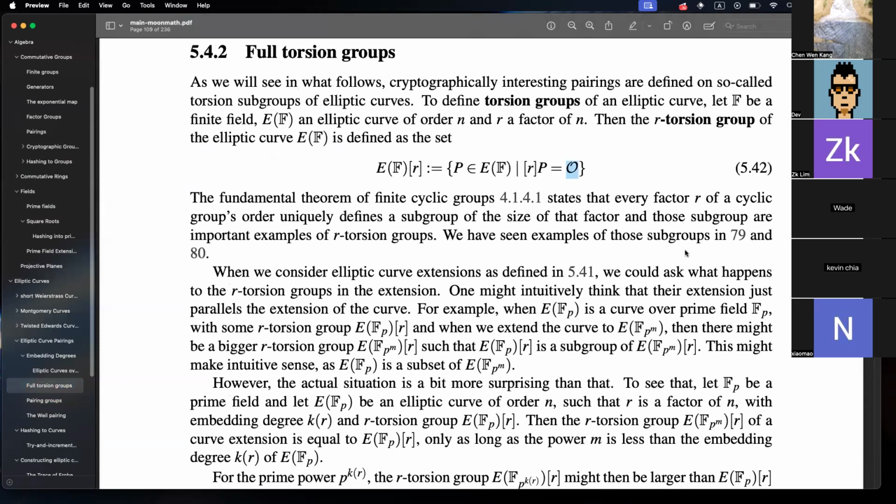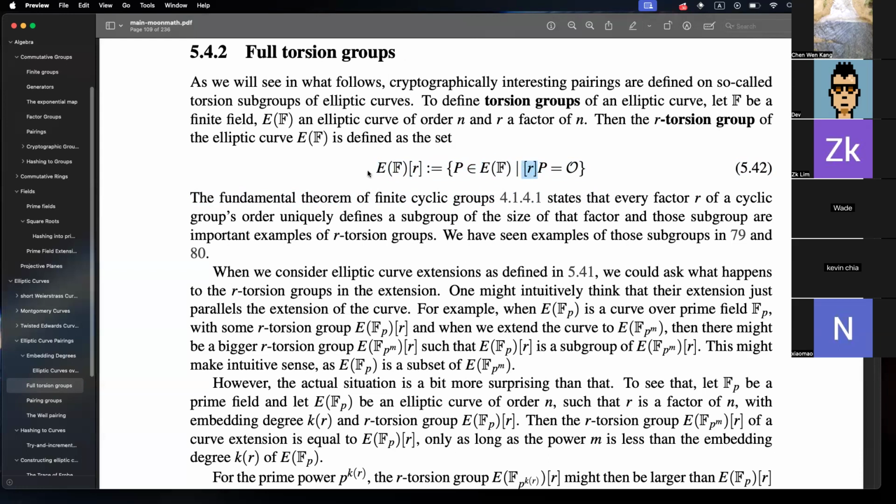Because R is a factor of n, when it has this factor of R, these points will essentially disappear.